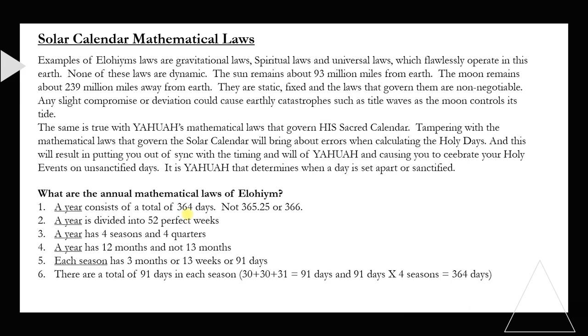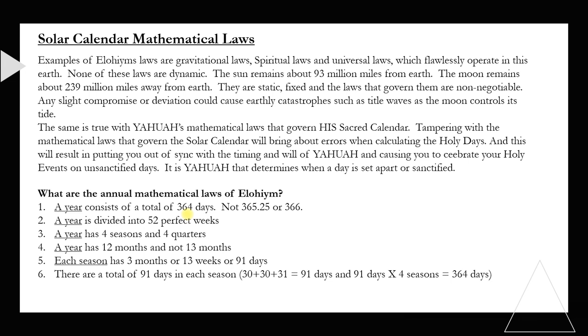Point two, a year is divided into 52 perfect weeks. If you take the 364 and divide it by 7, you will get 52 perfect weeks. What I mean by perfect weeks is that there's no remainder. It's not 52.49 or 52.56, it's 52 even weeks. Number 3, a year has 4 seasons.